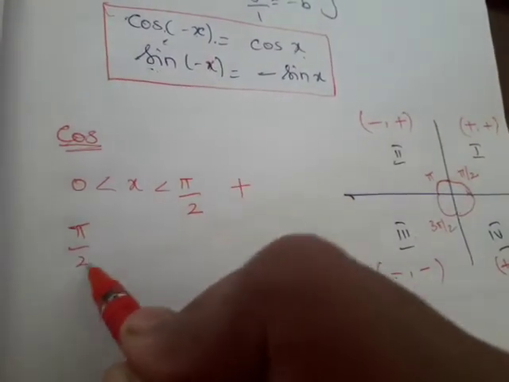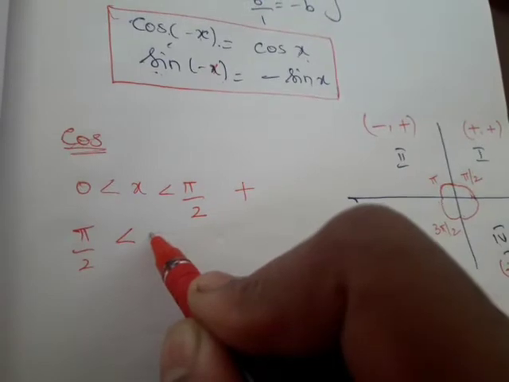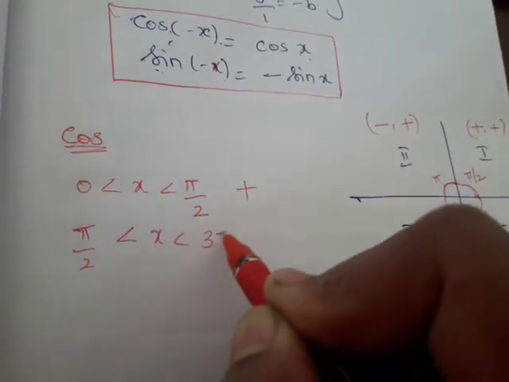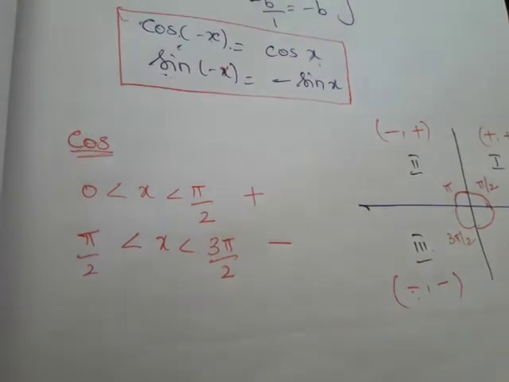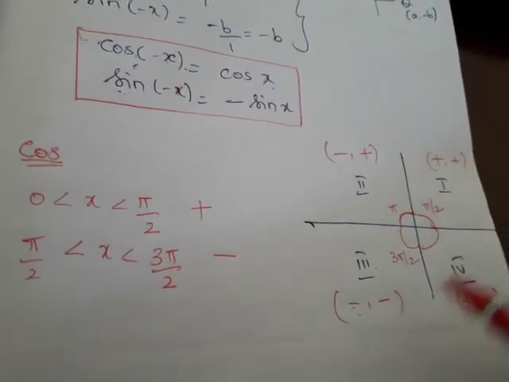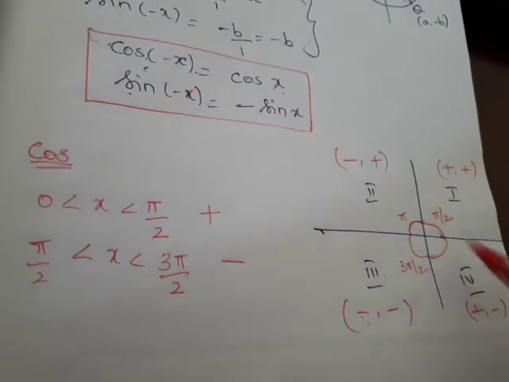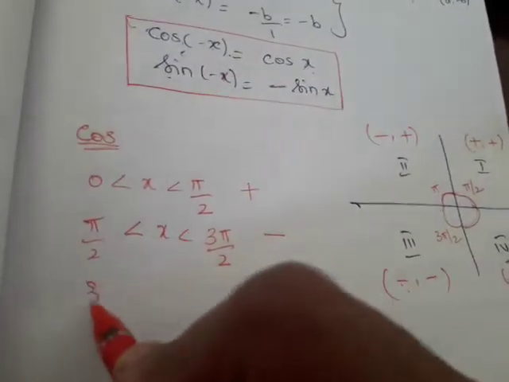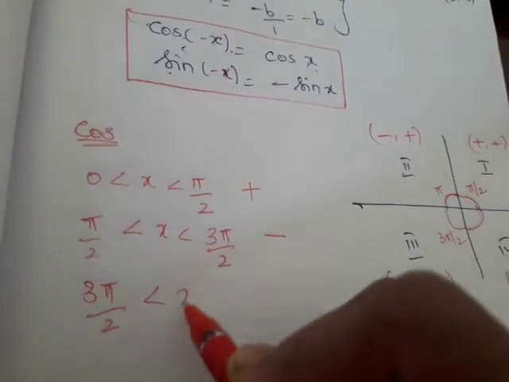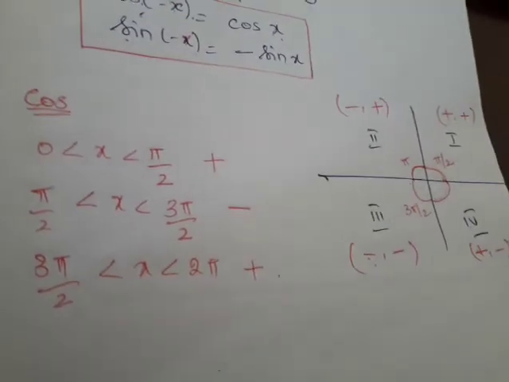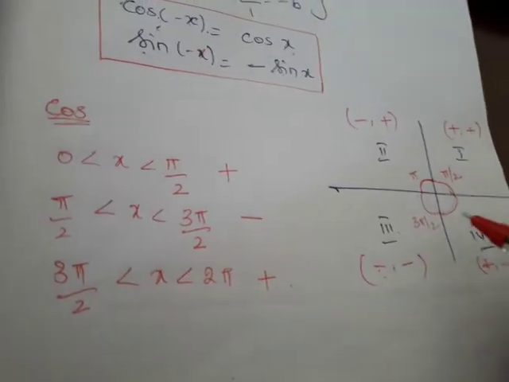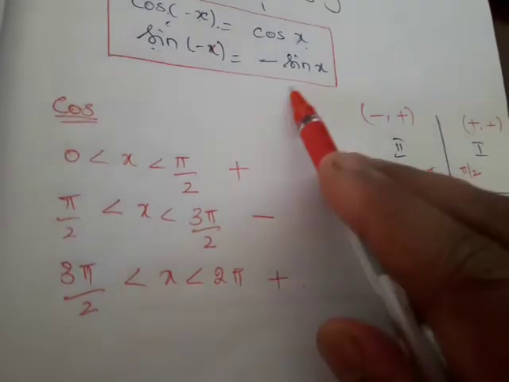So pi by 2 less than x less than 3 pi by 2, it is negative, right? And from 3 pi by 2 to 2 pi, it is positive. Hope you understood. Similarly, now let us define the sign of the sine function.